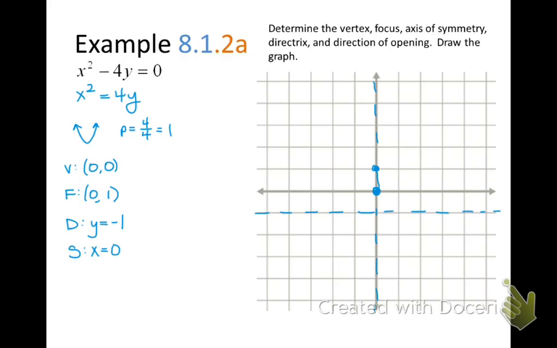And now what I need to do is figure out how wide this graph opens by finding those 5 key points. The way that we do that is just how we used to do with the vertical stretch or the horizontal stretch. Basically, you're going to make a T-chart. Whichever is your squared variable is going to go first and your non-squared goes second.